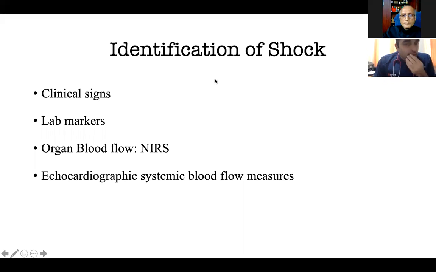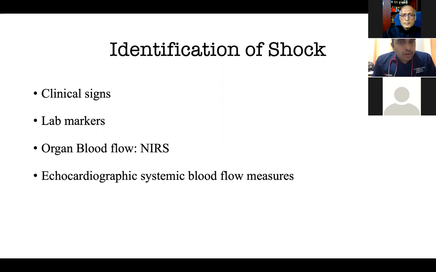Afra, you can unmute yourself and say the answer. What is the full form of NIRS? Okay, Mujib, Dr. Mujib. Mujib. What is the full form of NIRS?